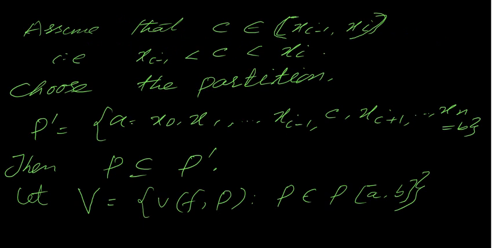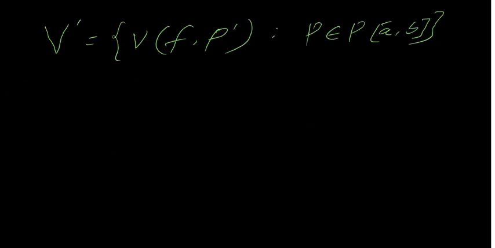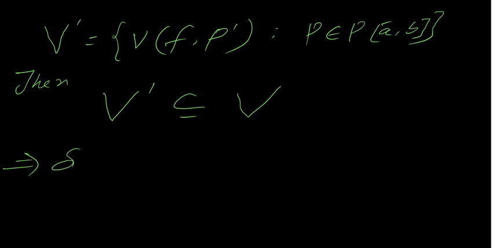So then we can see this V dash is a subset of V. So this implies that the supremum over V dash is less or equal to the supremum over V. But on the other hand, what is the supremum over V?